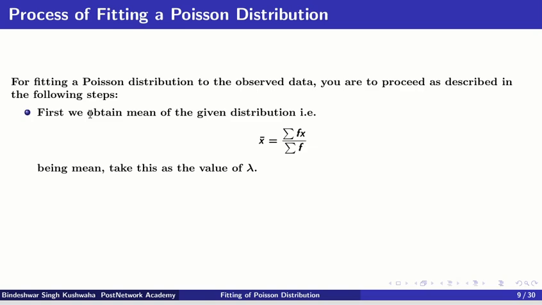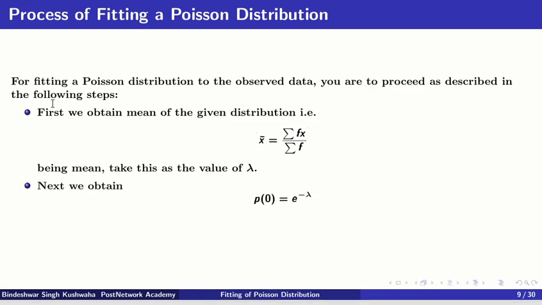Let us understand the process of fitting a Poisson distribution. For fitting a Poisson distribution to the observed data, you proceed as described in the following steps. First of all, you will find the average or mean, and that would be lambda, because lambda is the mean.